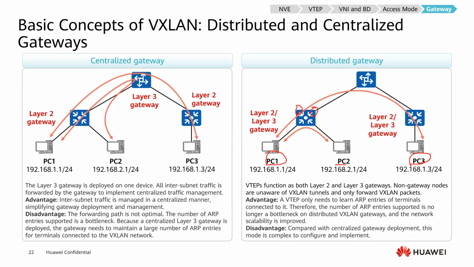And PC3 is in the same subnet as PC1, so we can also create the same VBDIF interface, just the same as the VBDIF in these access switches, and this interface will function as the gateway for PC3.